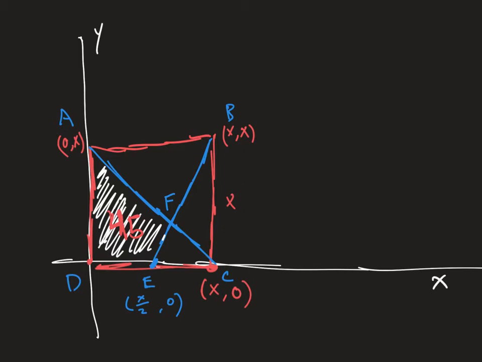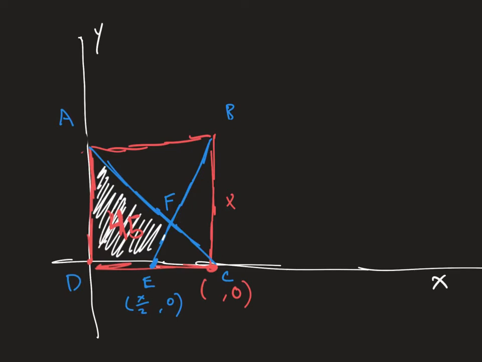Well, first, for simplicity, we're going to use a little trick that you can use a lot of times in geometry problems, and that trick is to scale down the problem, or to make it simpler. So actually what we're going to do is we're going to assume the x coordinates and y coordinates of our square are 1. And you might be wondering, well then, where do we go from there?